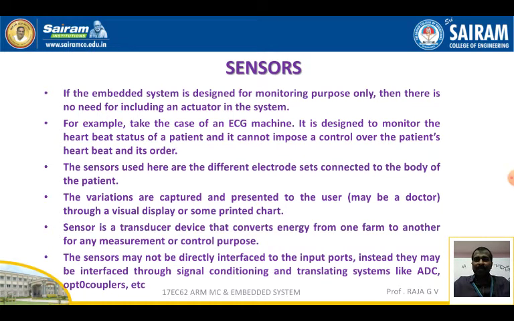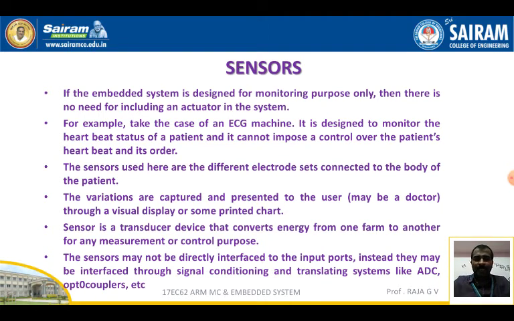If the embedded system is designed for monitoring purposes only, then there is no need to include an actuator in the system. For example, take the case of an ECG machine.